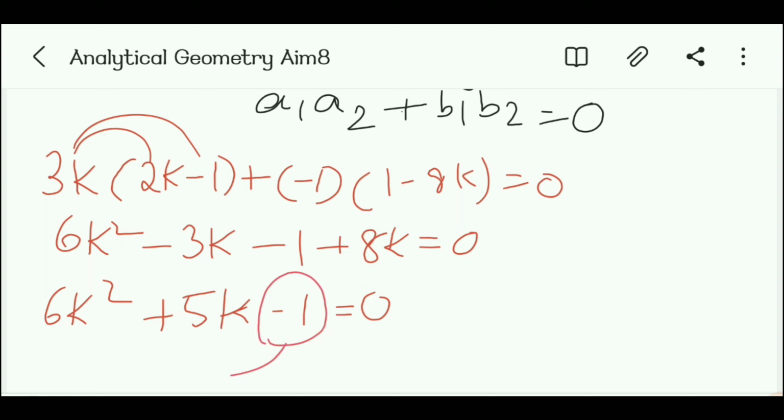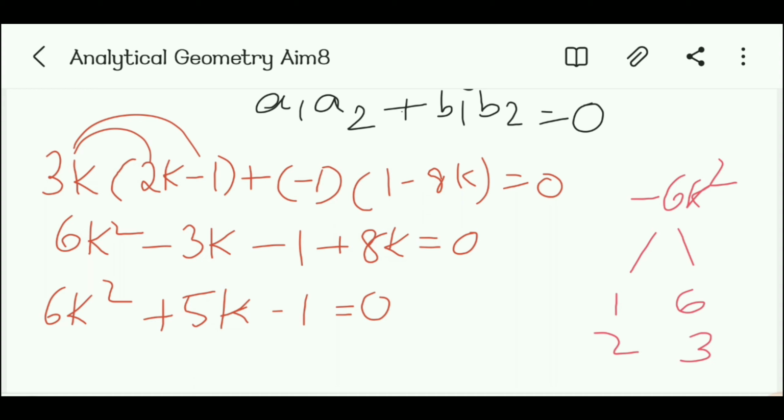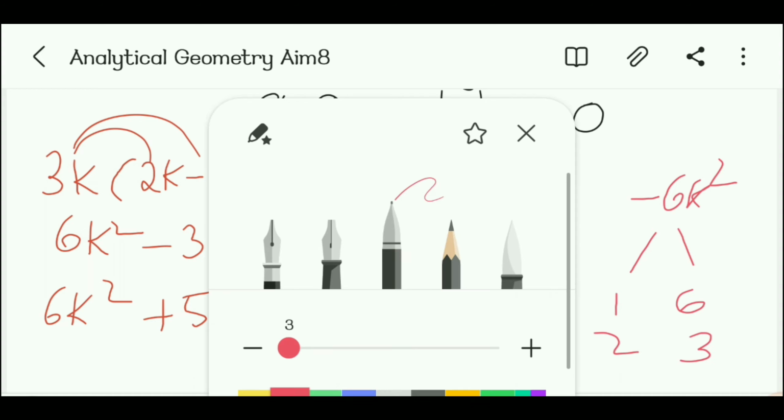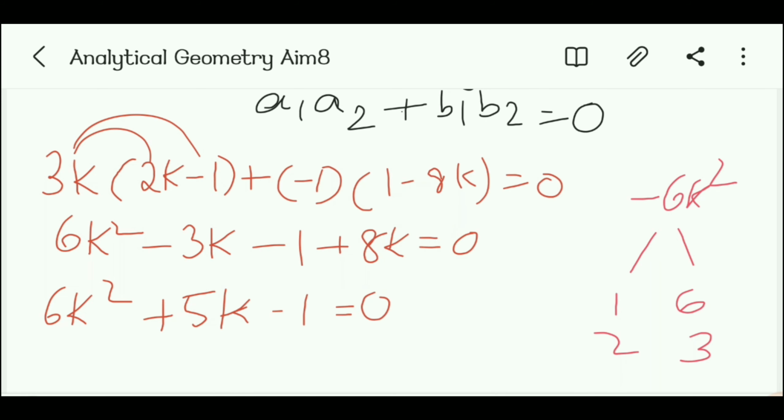This value into this value. You got it? First multiply. So 6k square into minus 1 is minus 6k square. Now what are the factors of minus 6? You have to find. Minus 6 means either 1 and 6, or 2 and 3, just leave the negative sign. Am I right? So now choose the correct one which will give the summation 5k.